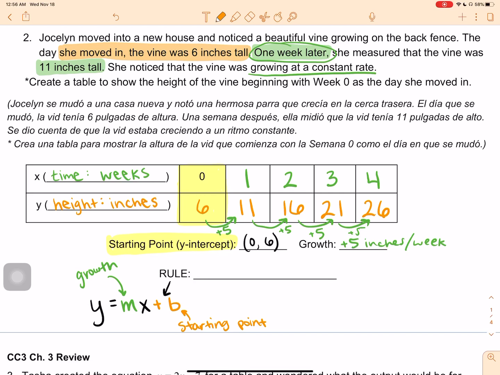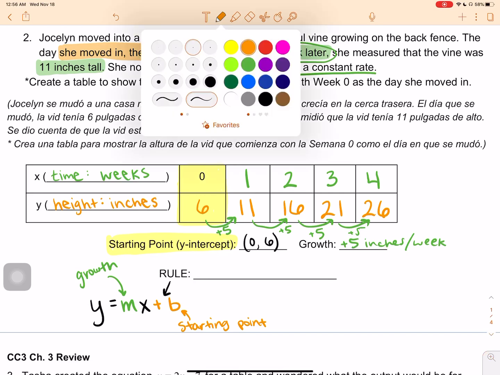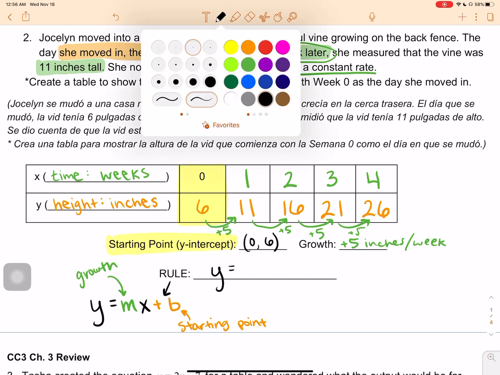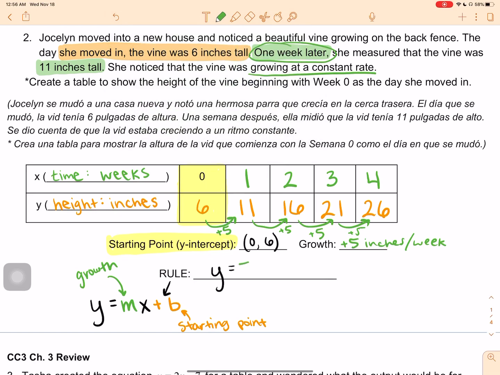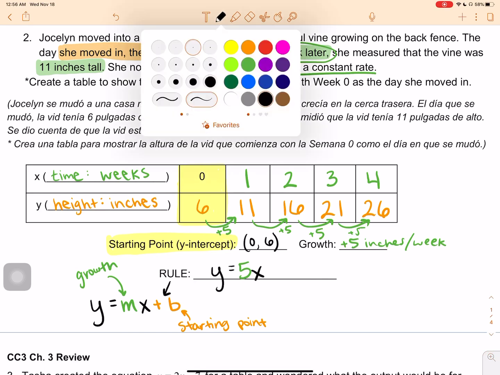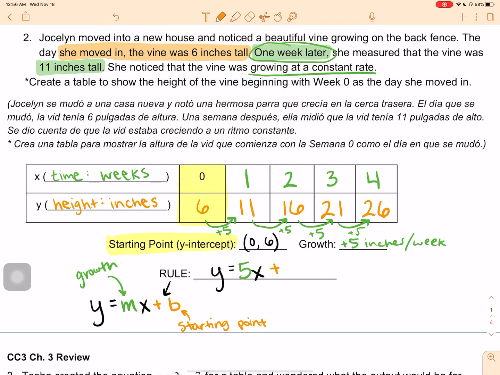So pause the video and try to write your own rule, starting with y equals. You should get y equals 5x plus 6. This tells us that the height of the vine started at 6 inches and it grew 5 inches every week. Okay? And that's it for that problem. That's what I was looking for there.